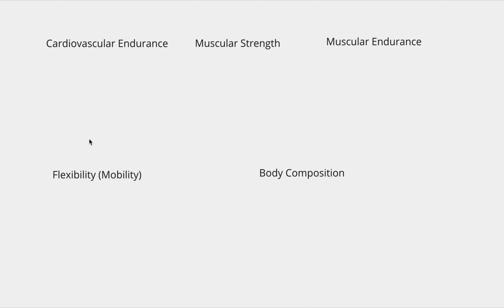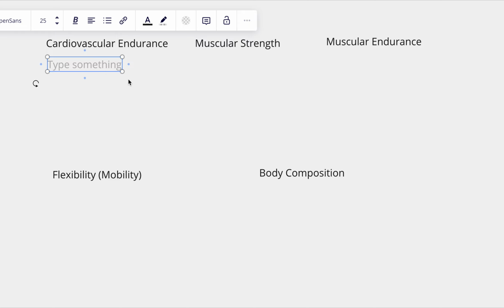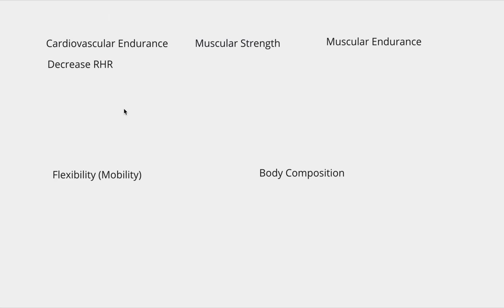Okay, so some pros and cons of each of these. Now, with the cardiovascular endurance, what you're going to get out of that is a decreased resting heart rate, which is very important for a healthy body. The goal for cardio is to really make your heart not have to work as hard. You don't want an exhausted heart.